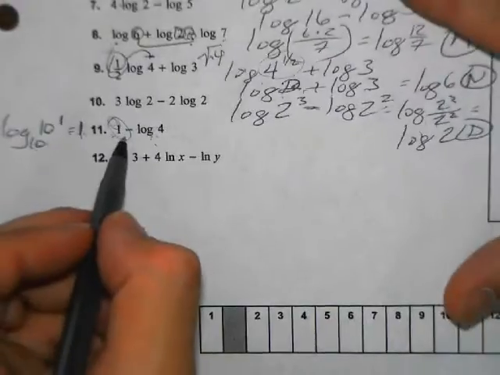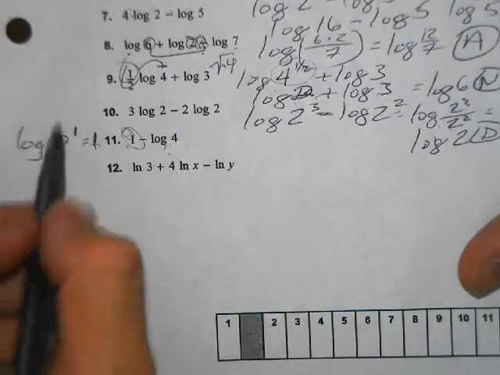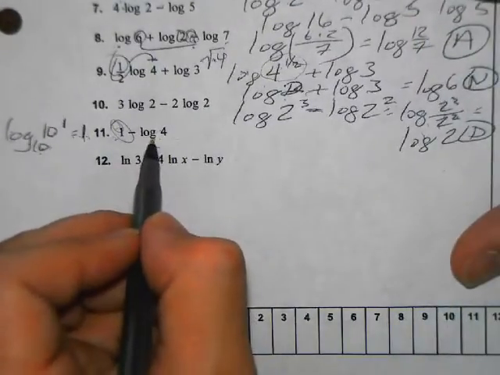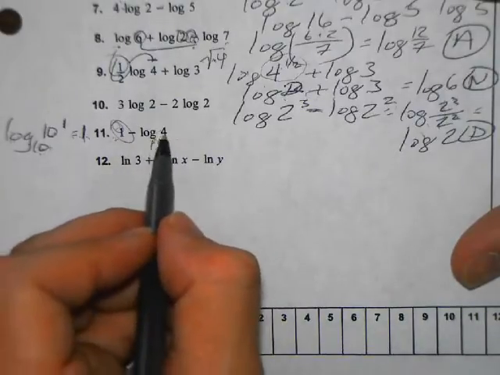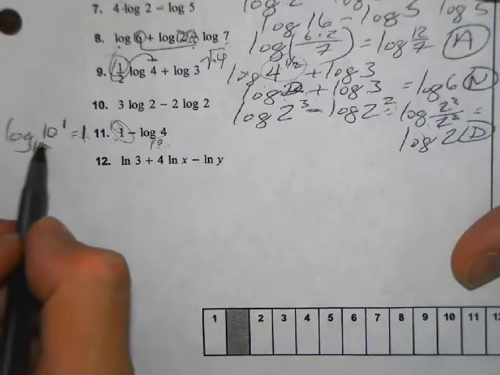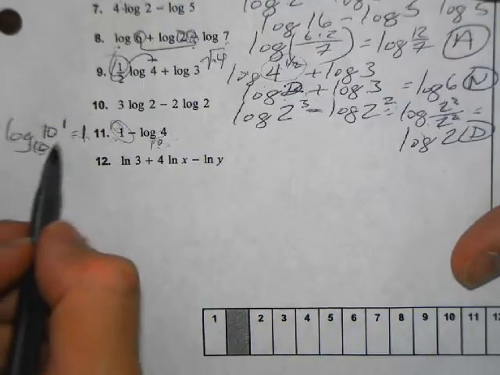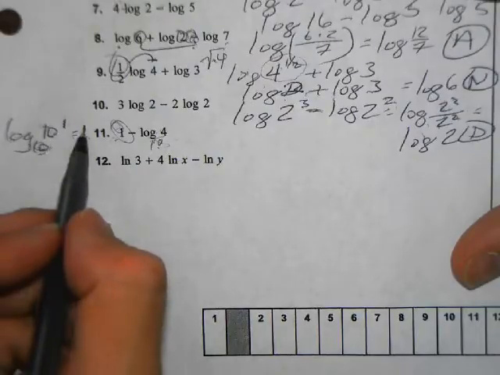So I can rewrite 1 as log in base 10 of 10, and that's because over here I have base 10 anyways. If this had been a base 5 or something, I could have just said log in base 5 of 5, and that would have said the exponent of 5 to get 5 is 1.